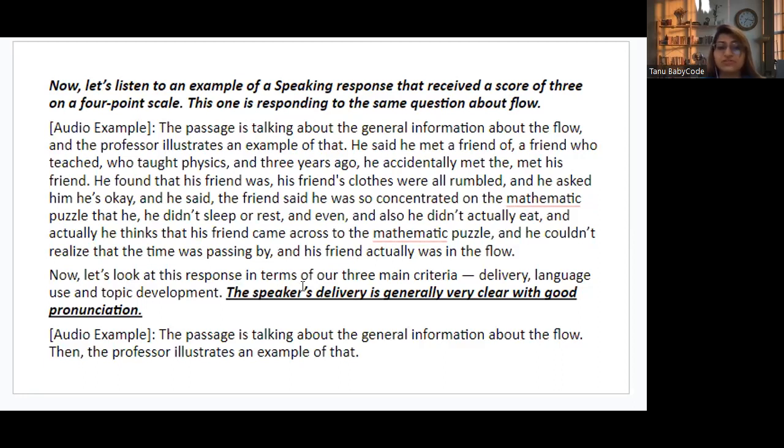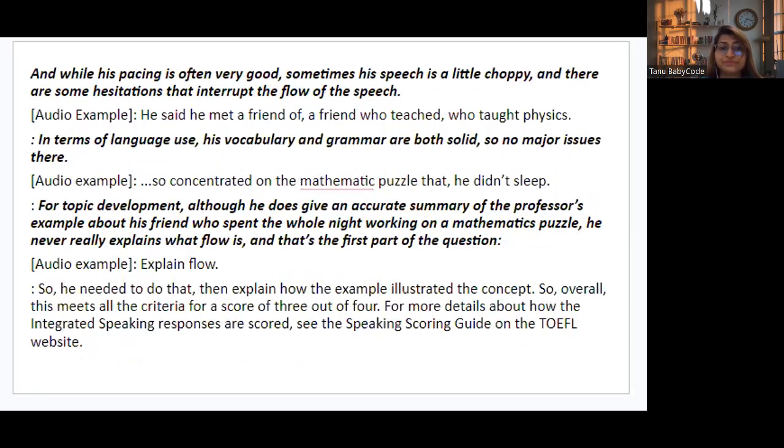Now let's look at this response, right? According to three main criteria: delivery, language use, and topic development. So if you look at delivery, it was clear. He was clear with good pronunciation. He is talking about general information about the flow and then illustrating an example.